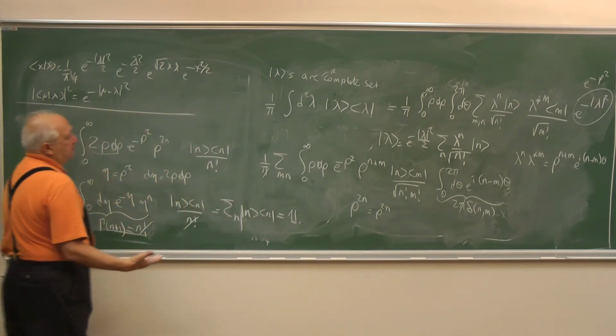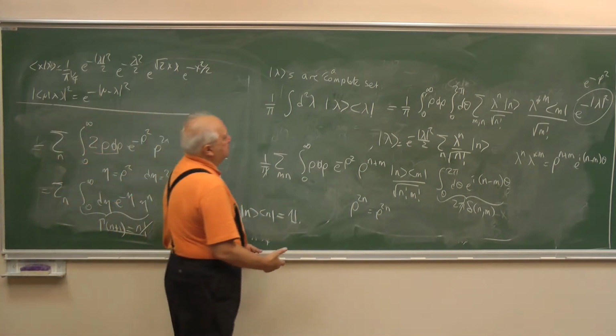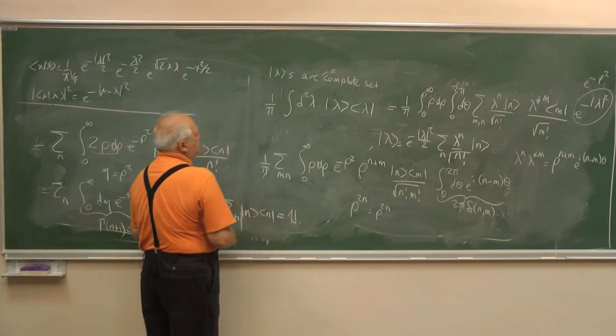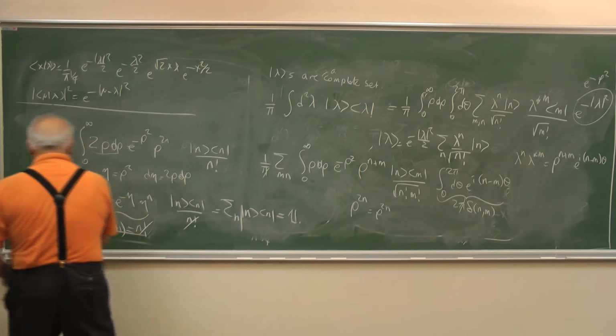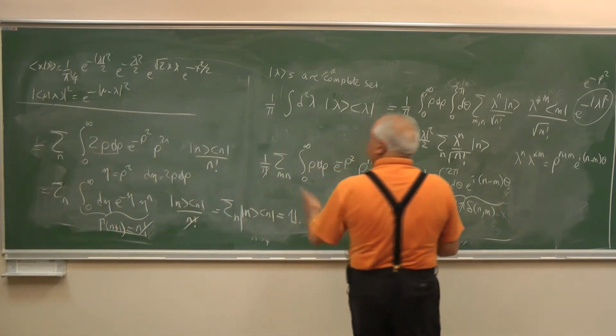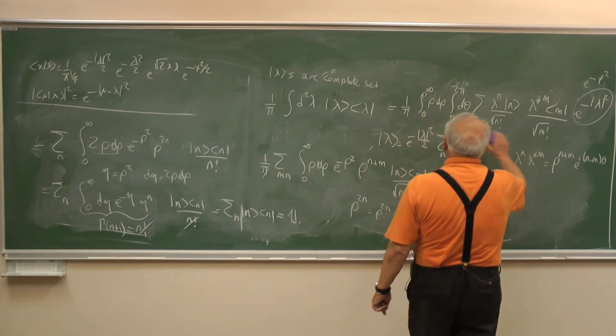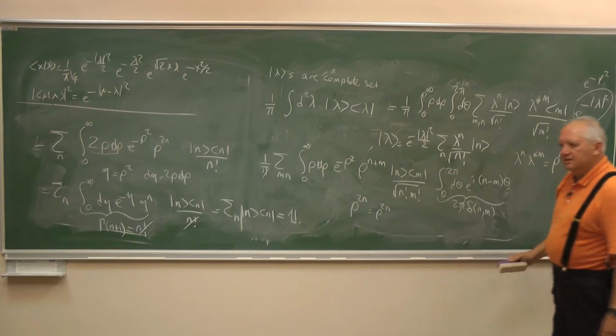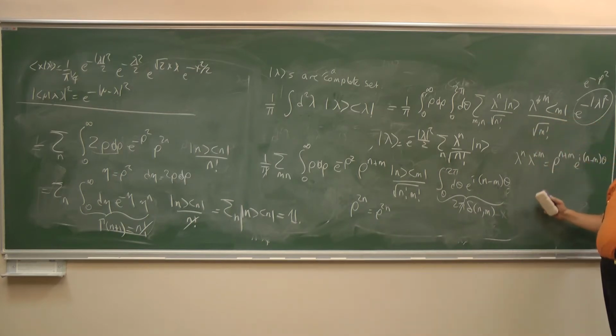So what does complete mean? You can expand a function in that space in terms of these coherent states. I will keep the result, write the result there, but erase the algebra. Okay? If it is registered, I'm erasing.